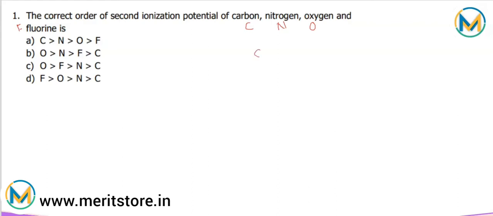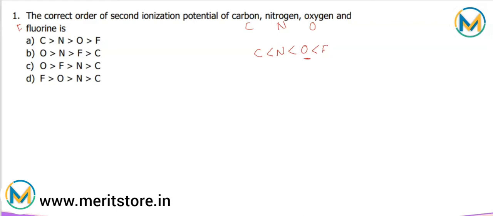That is, it should go like carbon, then nitrogen, then oxygen and then fluorine. But the second ionization potential of oxygen is highest among them, because after the removal of one electron, the second electron is to be removed from half-filled orbital, which is difficult.